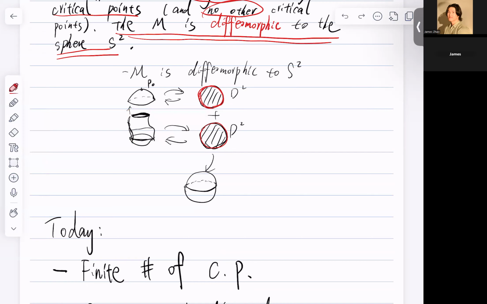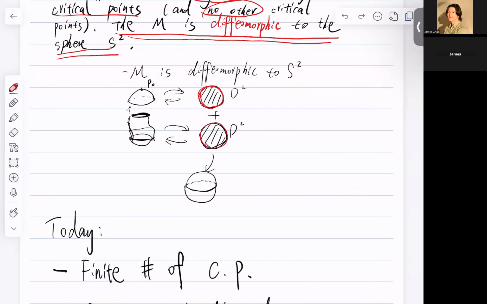And by the way, those are local pictures, because we can use a coordinate transform to make our maximum and minimum, those two critical points, look topologically indistinguishable from those two bowl-looking, dome-looking things.